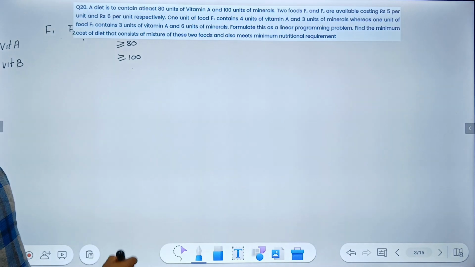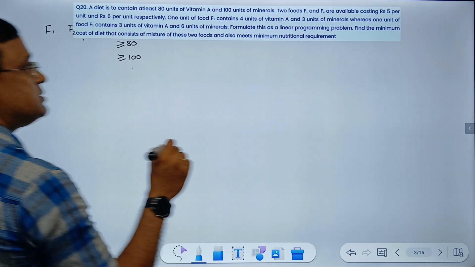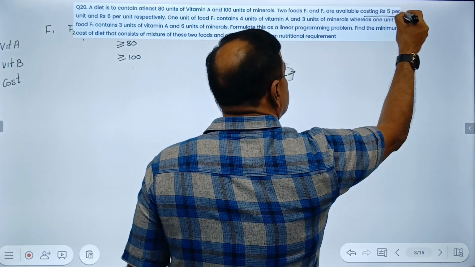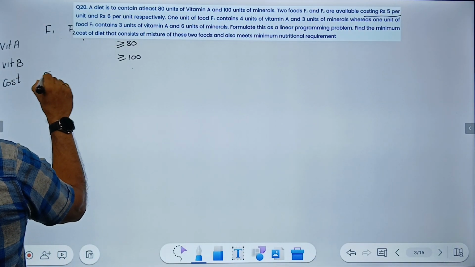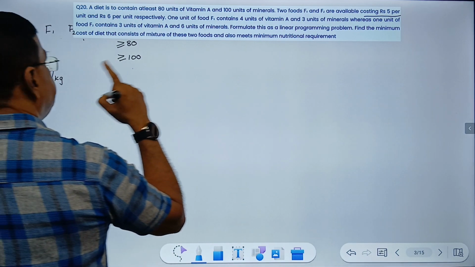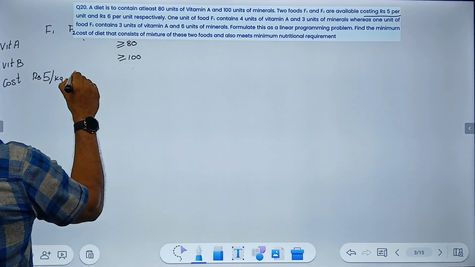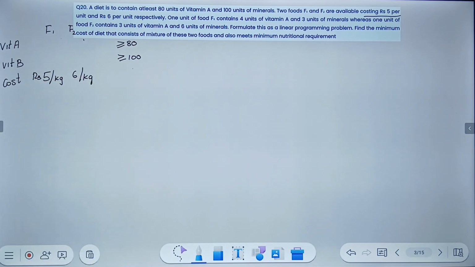F1 and F2 are available at the cost of, now what is the cost? F1 is available at rupees 5 per kg, and F2 is available at rupees 6 per kg. So this is about the cost.